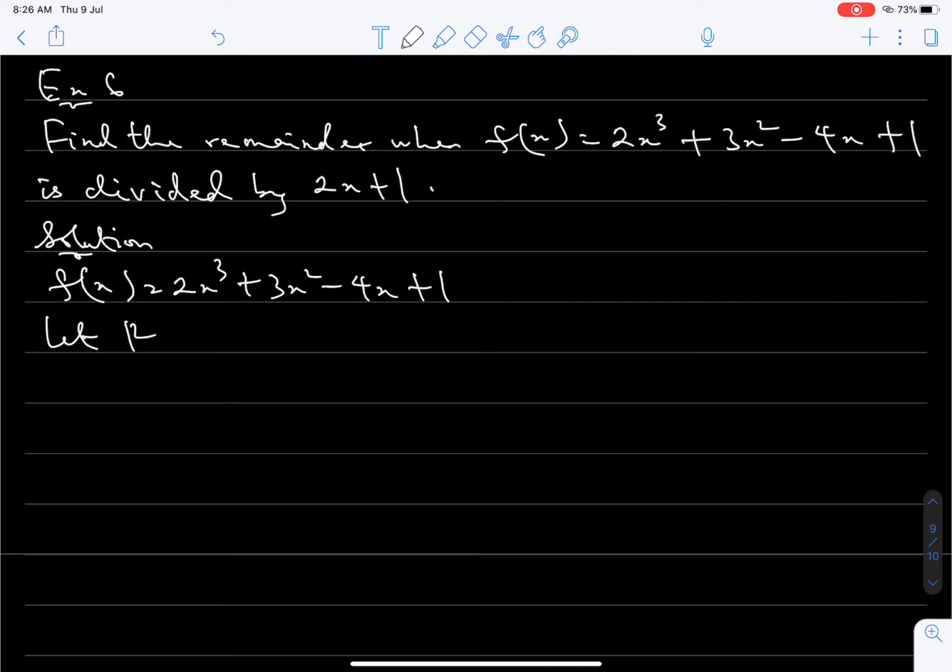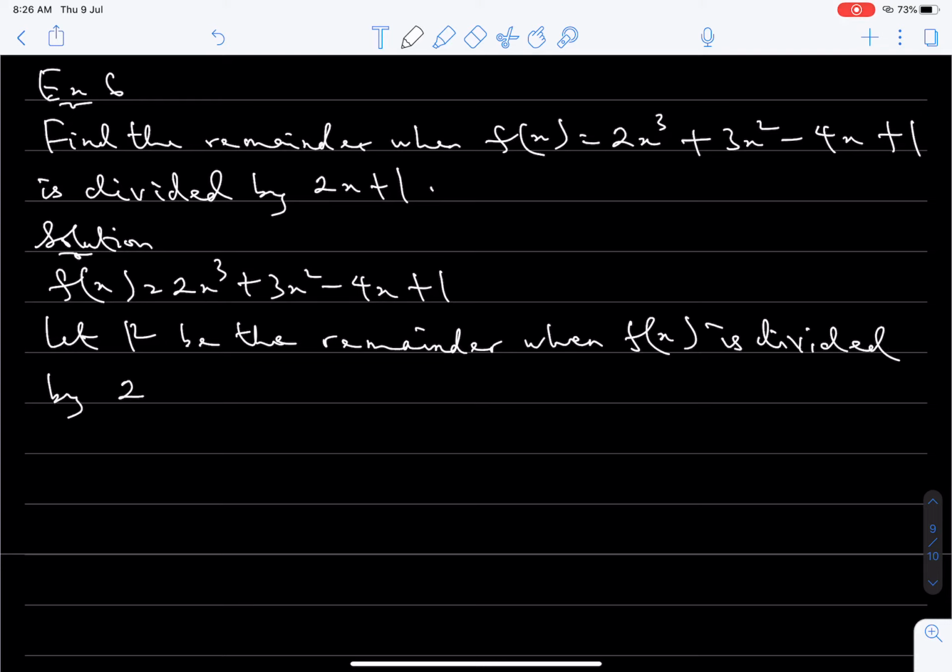Let r be the remainder when f of x is divided by 2x minus 1.